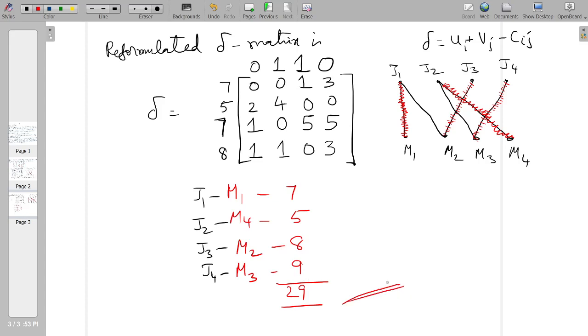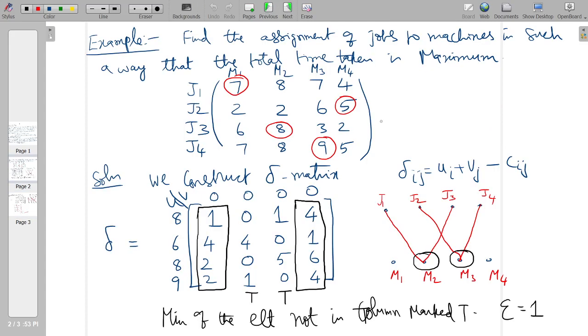So now I think you would have understood the steps here. Form the delta matrix and then find a minimum vertex cover. Mark the vertices in the vertex cover as either R or T, where T represents the vertex cover elements column wise and R represents the vertex cover elements row wise.